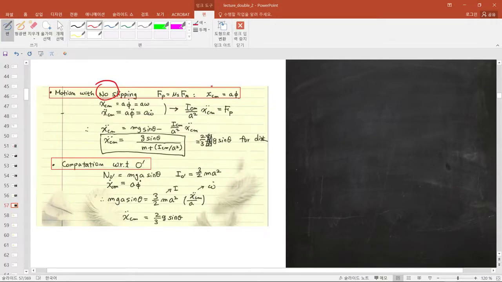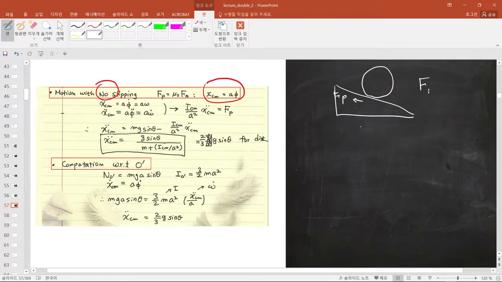So the condition for no slipping is x of the center of mass equals a phi, and also the frictional force Fp should satisfy Fp less than or equal to mu s Fn. That is familiar from general physics. So the acceleration is x double dot equals a omega dot.